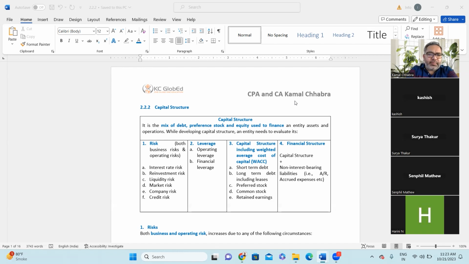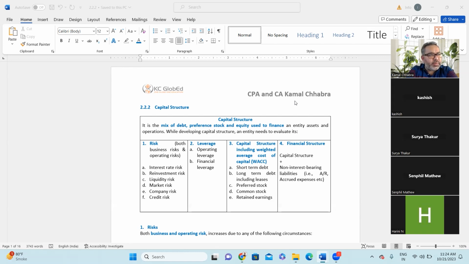In addition to that, you'll get some funding from the bank as well as from the financial institution to finance some of your capital needs and some of your working capital needs. So such short-term debt and long-term debt are also covered in the capital structure.